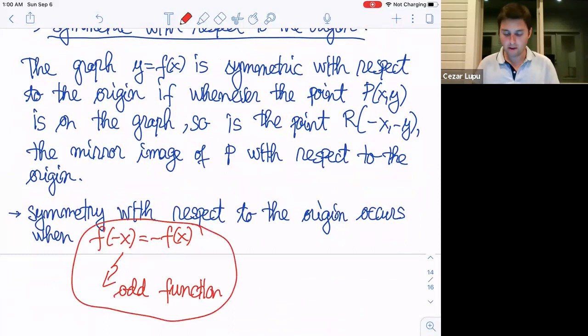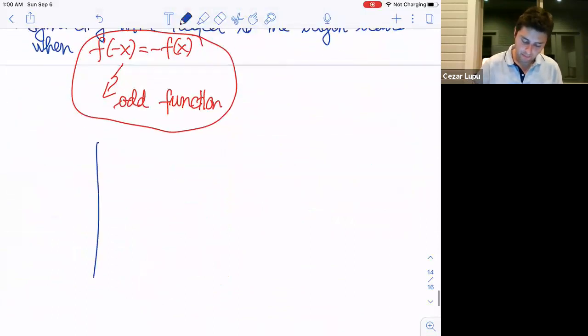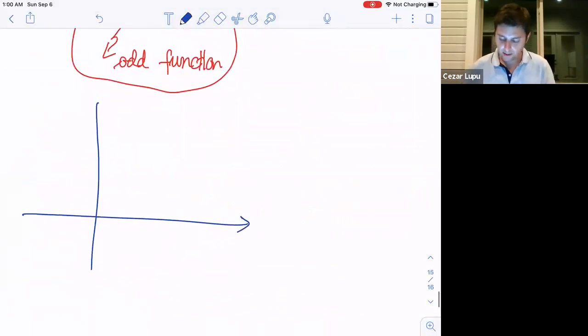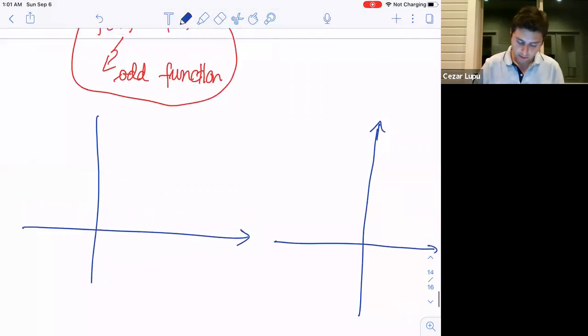And let me draw a graph of these two. Let me draw two separate graphs. Anyway, this is a function.